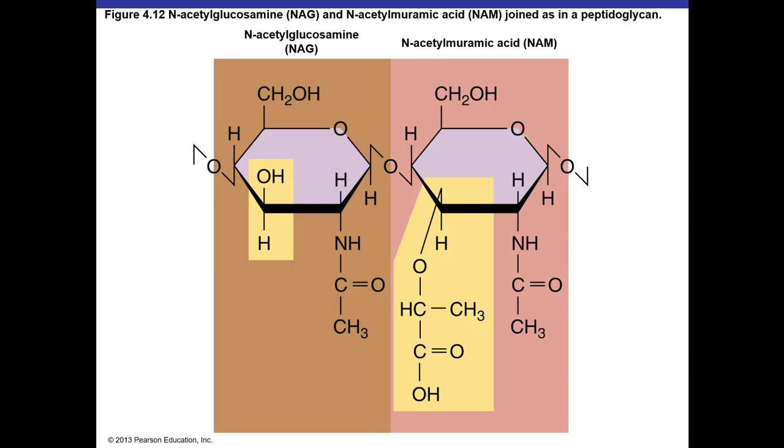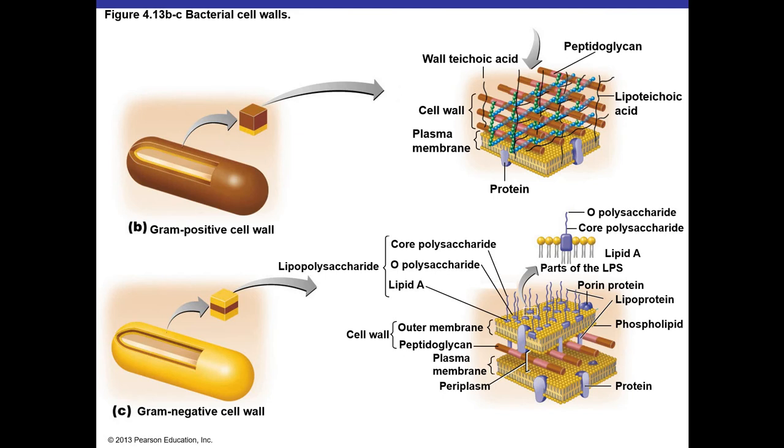Here we see the linkage between the N-acetylglucosamine and the N-acetylmuramic acid. So this repetitive unit of the NAG and NAM is going to make up the main carbohydrate backbone of the cell wall. When we talk about bacterial cell walls, we say that gram-positive cells have a thick peptidoglycan cell wall.